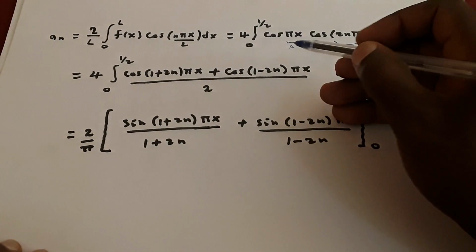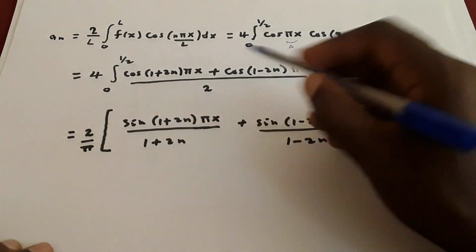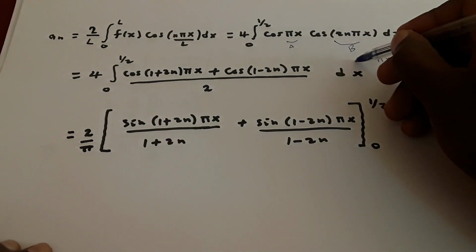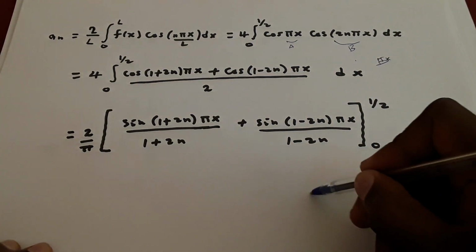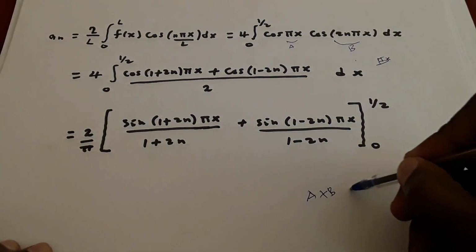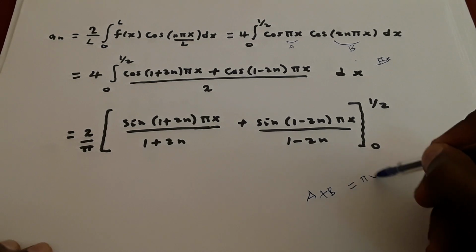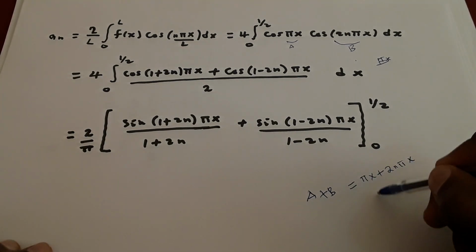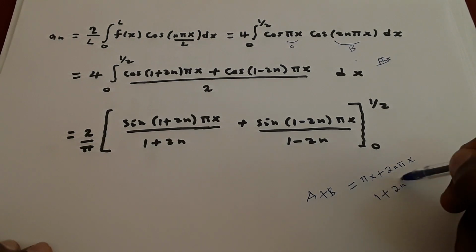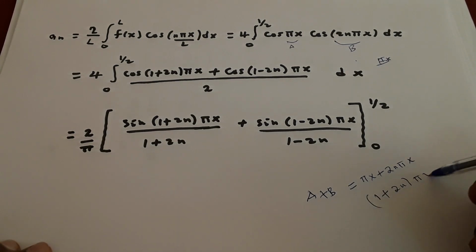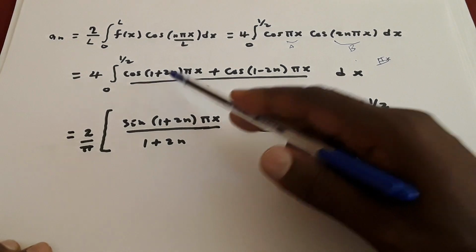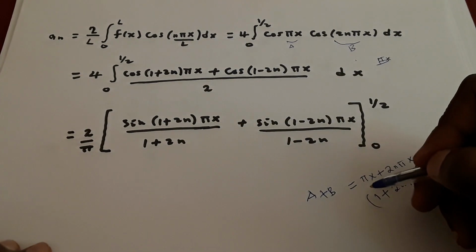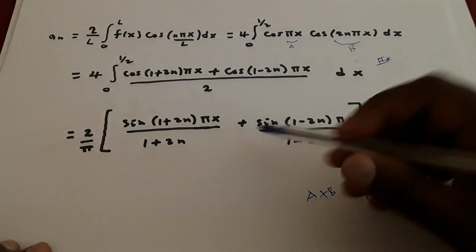So A plus B means pi x plus 2n pi x. Pi x is common, so we have 1 plus 2n, then pi x. Similarly, A minus B means 1 minus 2n pi x dx.